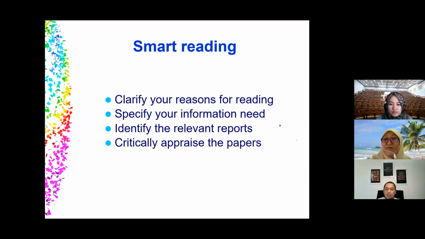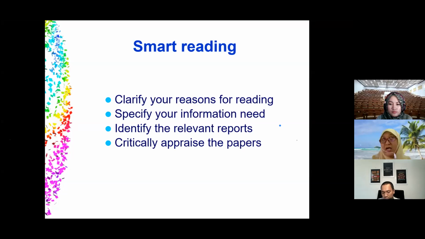And next, you must specify what information you actually need. Mungkin in your mind now, you sebenarnya nak tahu a burden of disease. What is the prevalence of COVID-19 in Jakarta? So that is about prevalence of disease. Or you would like to know, is a new vaccine, for example, effective to cure COVID-19? Then that's different information that you need.